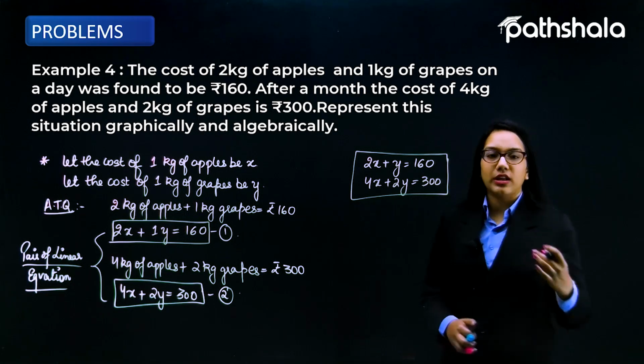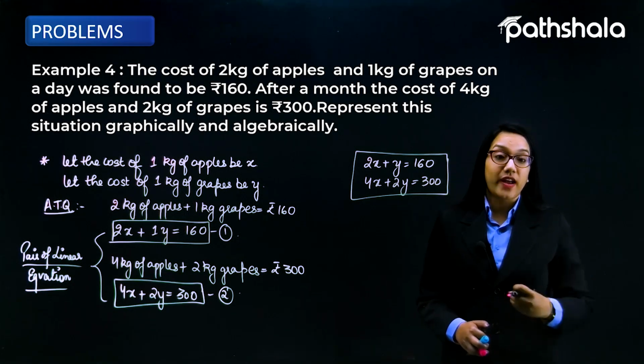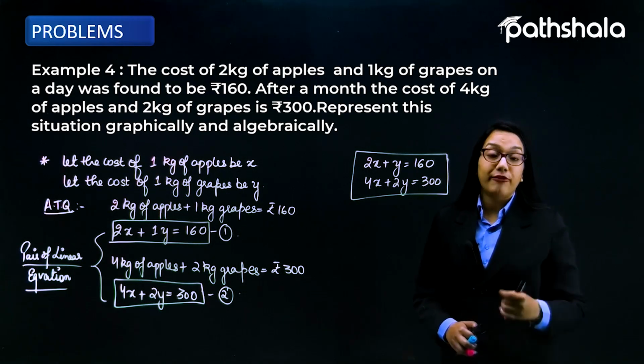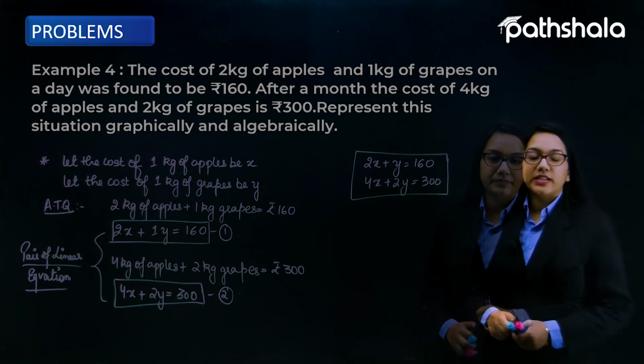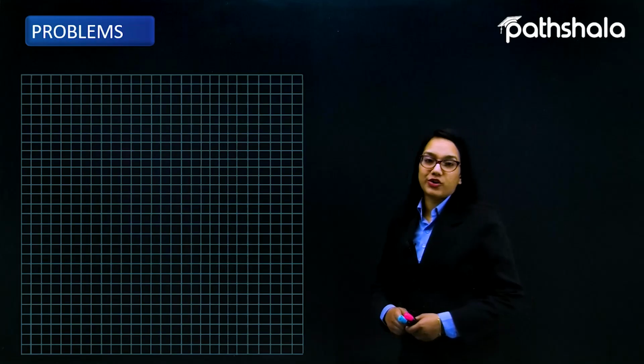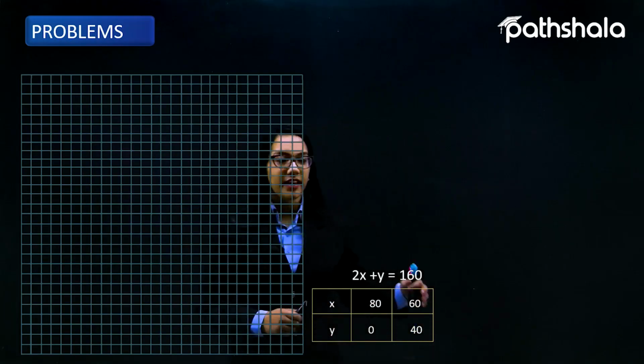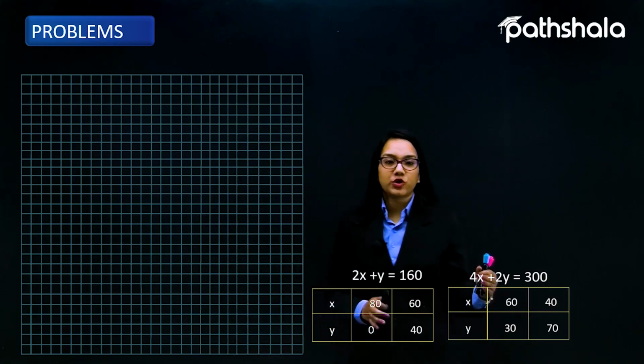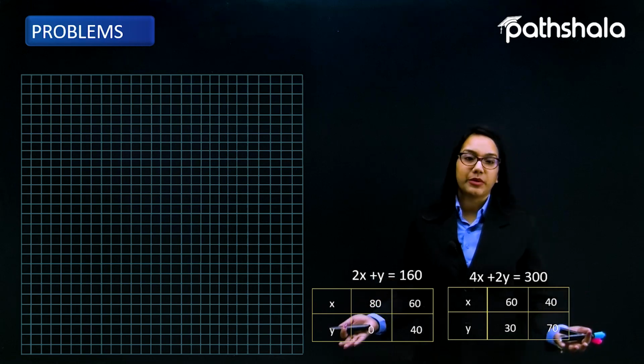Now let's find out the solutions for the graphical representation. Let us take the solutions of 2x plus y is equal to 160 and 4x plus 2y is equal to 300 as this.